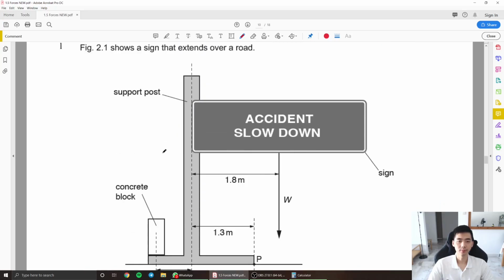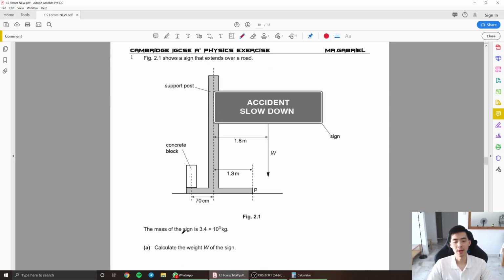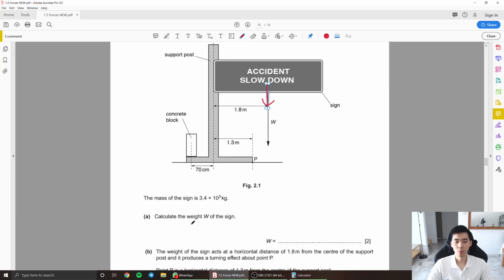Moving on. Next question. Figure 2.1 shows a sign that extends over a road. The mass of the sign is blah blah blah blah blah. This mass should be 3.4 times 10 to the power of 3. What is the weight of the sign? Weight is equal to mass times gravity, and since this is an older paper, it will be 3.4 times 10 to the power of 3 multiplied by 10.